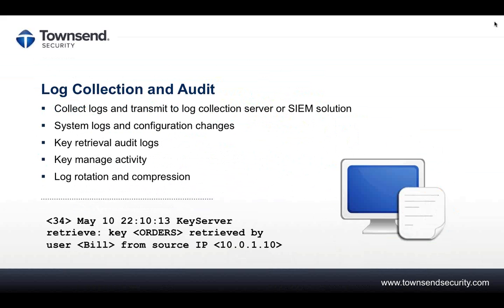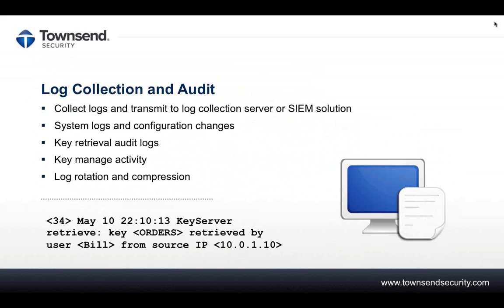Like any security solution, think firewall or DLP or any other, key management solutions should produce logs and audit trails of what's happening, and be able to send that information to a log collection server or a SIEM solution. In other words, as a security best practice, you need to continuously monitor your security products within your environment.